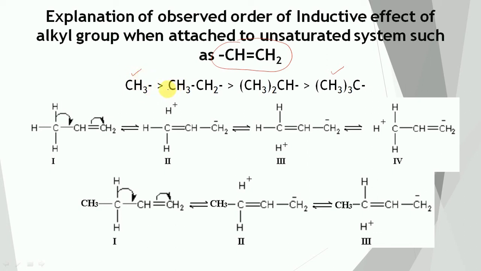But when these various alkyl groups are attached to the unsaturated system, this order gets reversed. Now the methyl will show the maximum and the tertiary group will show the minimum.